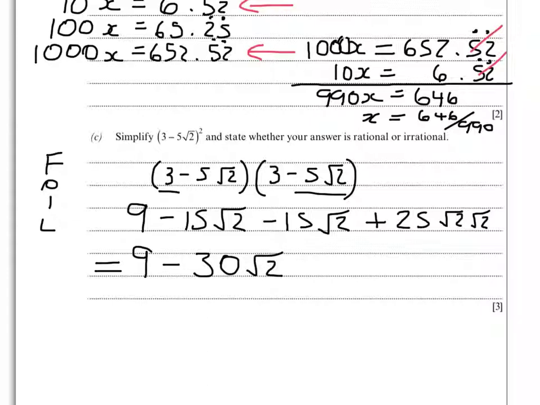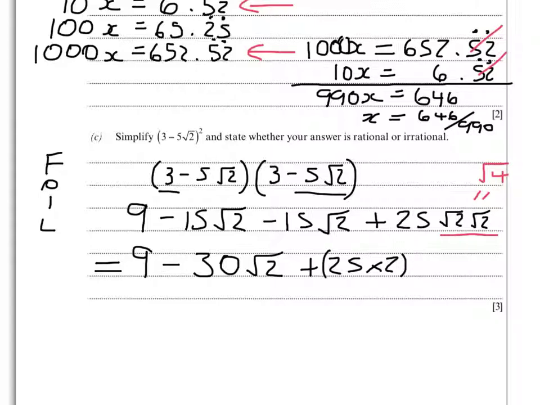And then at the end, where I've got my 25, I've got root 2 times root 2. Now we know that a root 2 times root 2 from our surds rules is the same as root 4, as we can do the 2 times the 2. Now root 4 we know is just 2, so we know at the end that we're going to have 25 times 2.